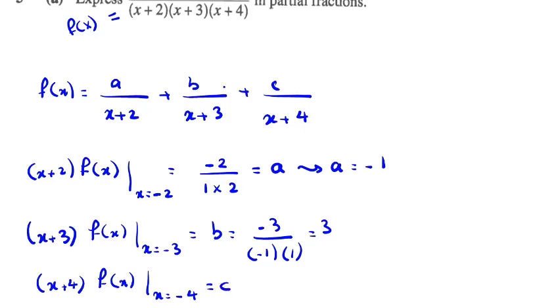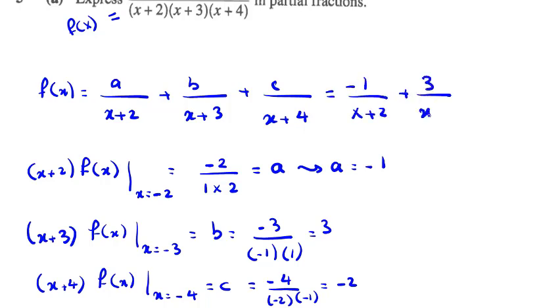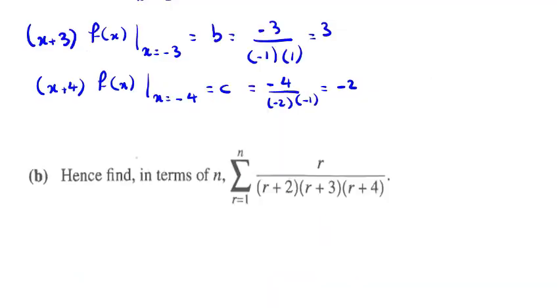Negative 4, negative 4 plus 2 is negative 2, negative 4 plus 3 is negative 1, and it will be negative 4 over 2, negative 2. So it will be negative 1 over x plus 2, plus 3 over x plus 3, plus negative 2 over x plus 4.